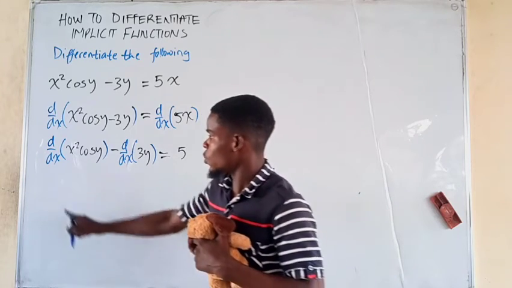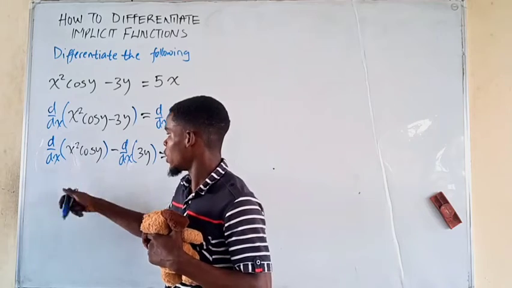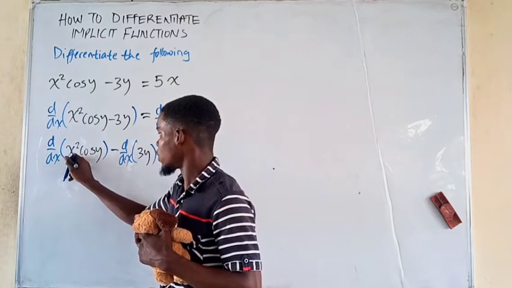Good. Okay, so for the first term here, we have a product of two functions, which is x squared and cosine y.